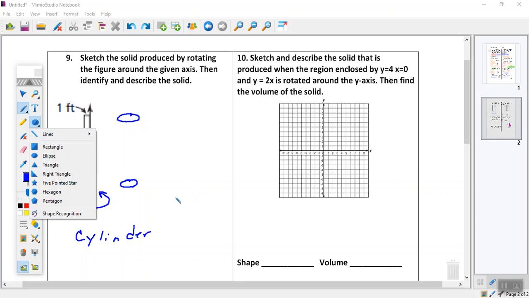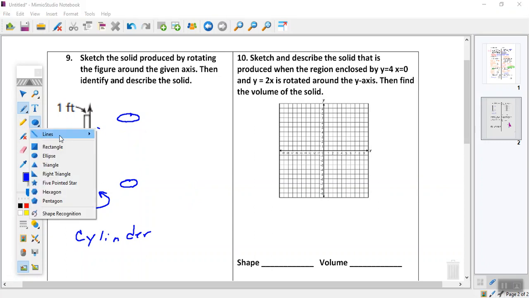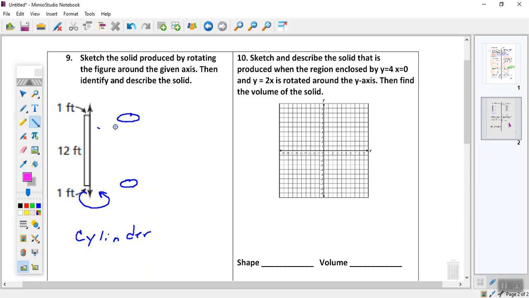I am challenged when it comes to drawing. So you guys get the idea. It'd be a tall, skinny cylinder if you rotate it around that axis. All right, very good. I'm okay with that.